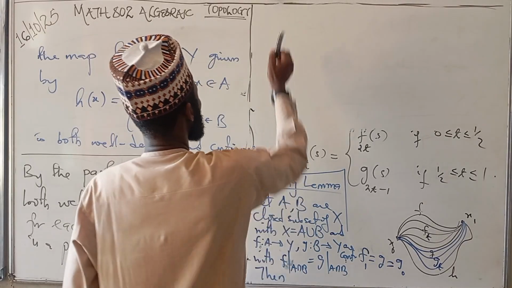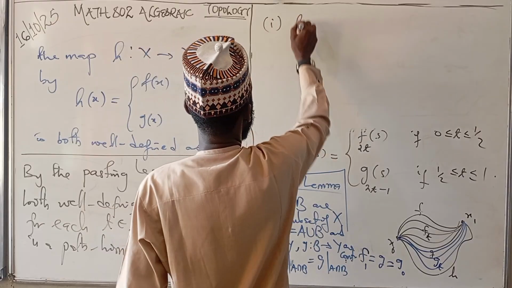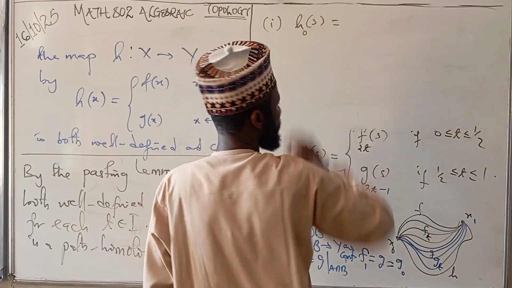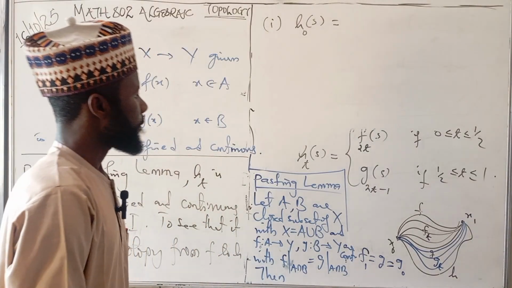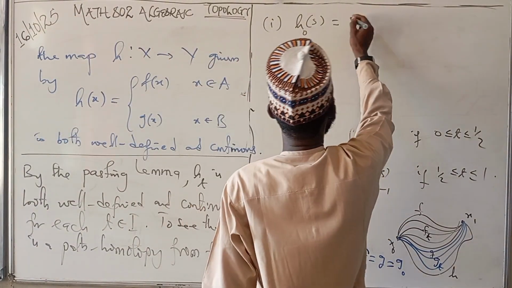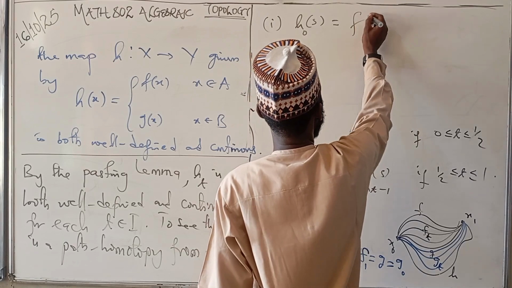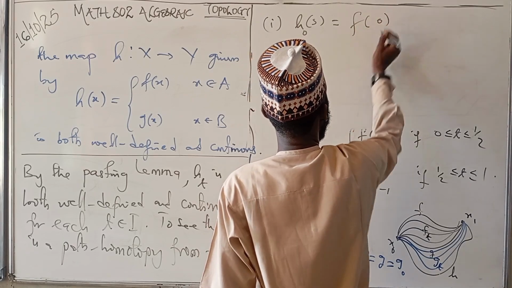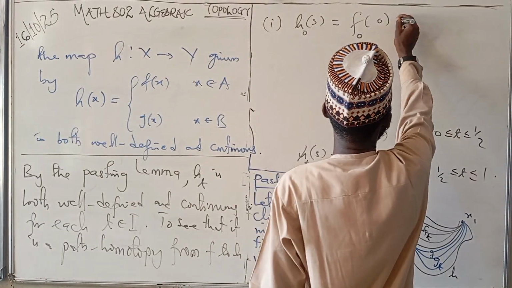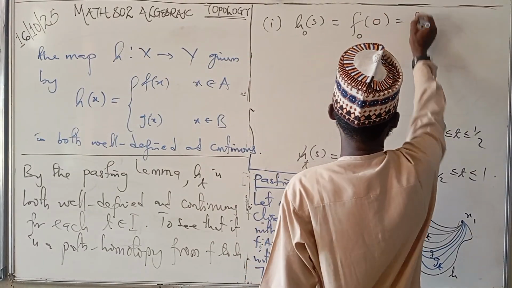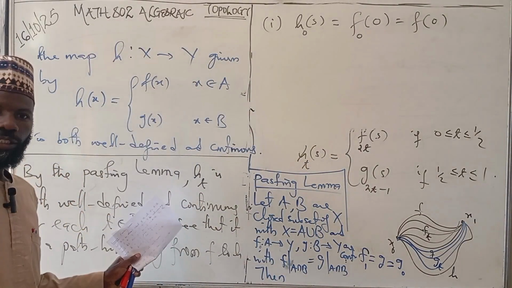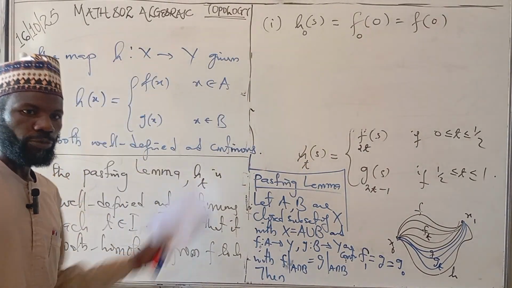The first condition is to check that H0 of s should be equal to F of s. But that is f of s, that's what we define it to be. It is f0 of s, but f0 is f, because f0 is the first entry in the homotopy from f to g.